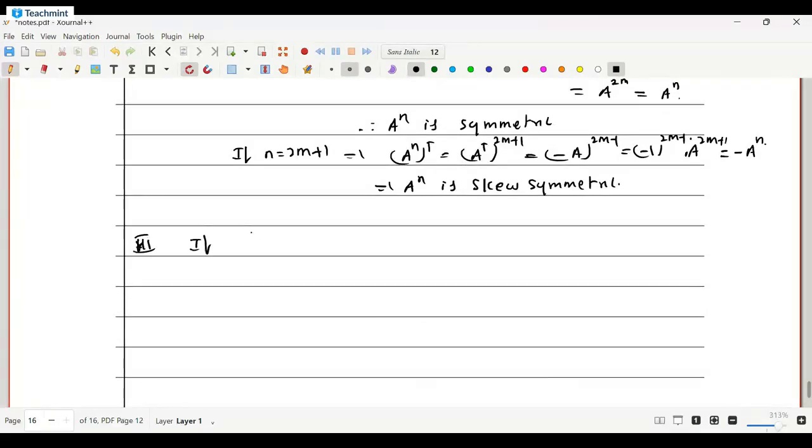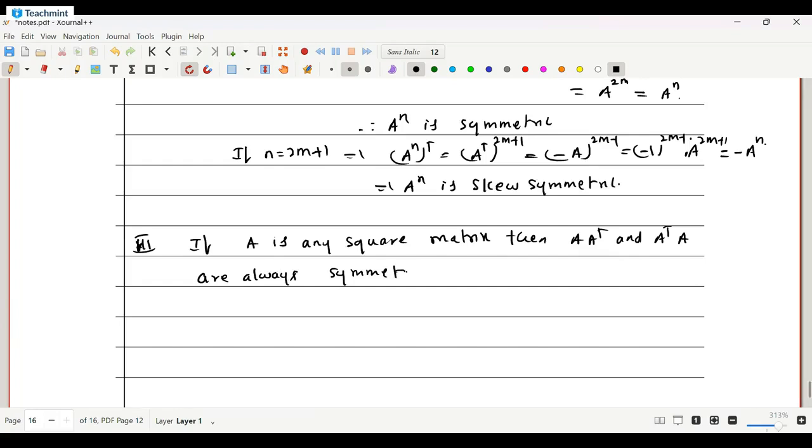If A is any square matrix, then A A transpose and A transpose A are always symmetric matrices, irrespective of A. And third, consider (A A transpose) whole transpose, which is equal to, since AB whole transpose equal to B transpose into A transpose, (A transpose) whole transpose into A transpose, which is equal to A into A transpose.